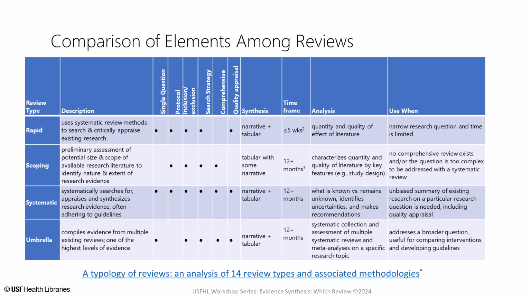It is the intent of the review and the question that is asked that makes a specific review type the best choice. For example, a rapid review can recommend the need for a broader review of the literature, especially to clarify the rapid review question. That recommendation leads to a scoping review. That scoping review can then recommend a deeper dive into the literature to help determine the best evidence for a very specific question that emerged from the scoping review.